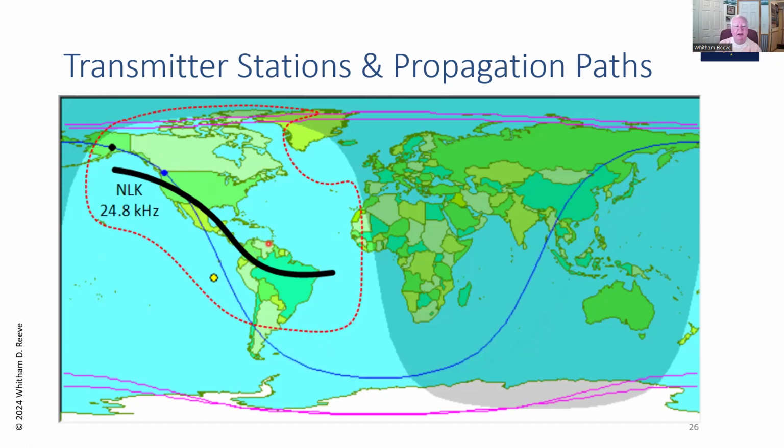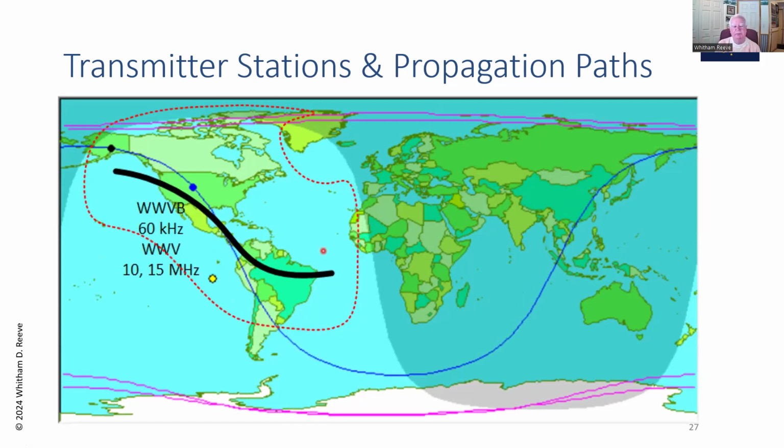And then NLK in Washington is relatively short. It's only a couple thousand kilometers away. Its long path also crossed the eclipse, but its short path was within the influence of the eclipse itself and roughly paralleled the eclipse path. And then the last one is WWVB, which is a time frequency station at 60 kilohertz.